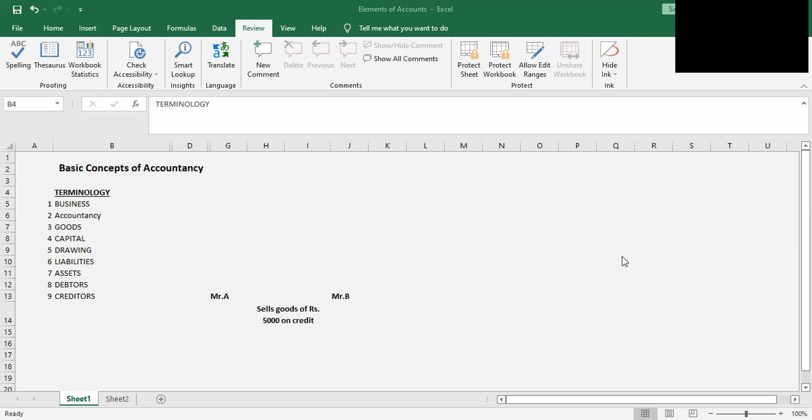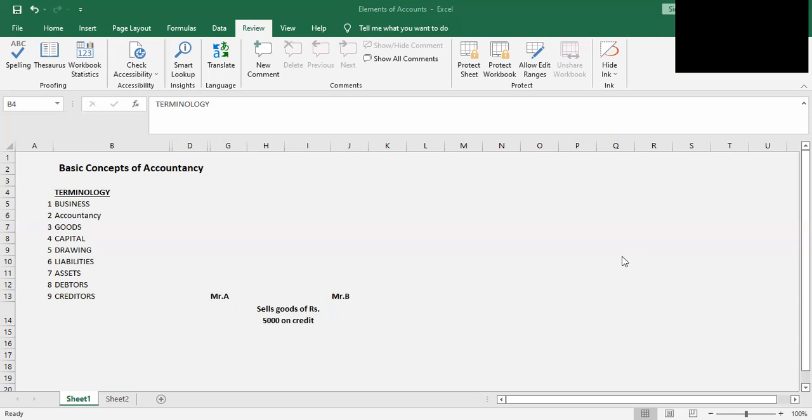So capital is nothing but the amount that is invested into the business, and drawings is nothing but personal withdrawals made by the businessman for his personal use and not business use. Then it will be termed as drawings.